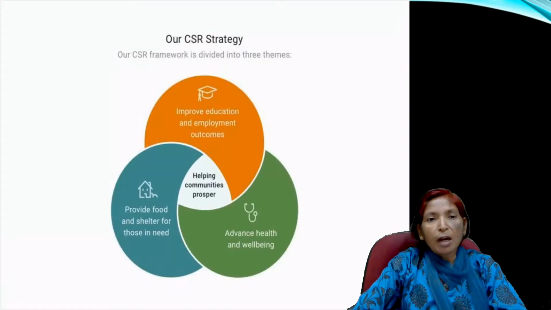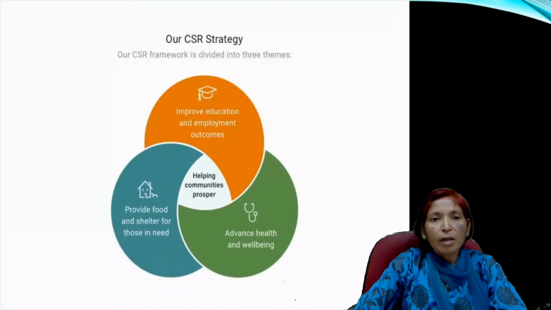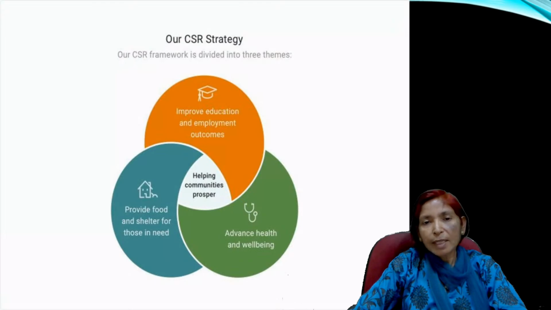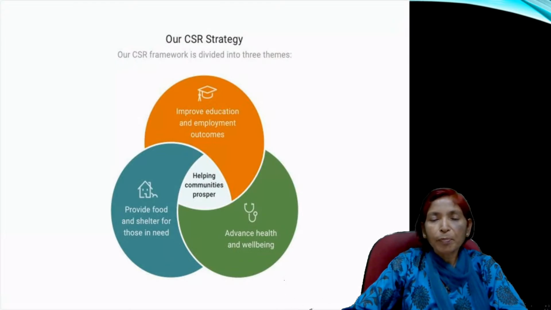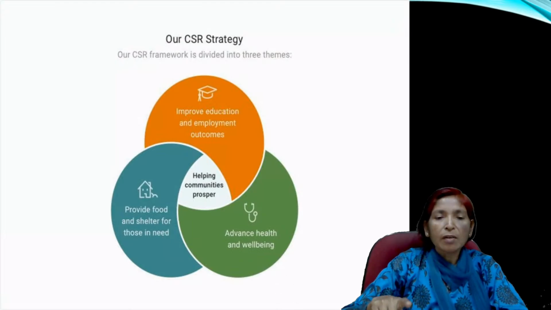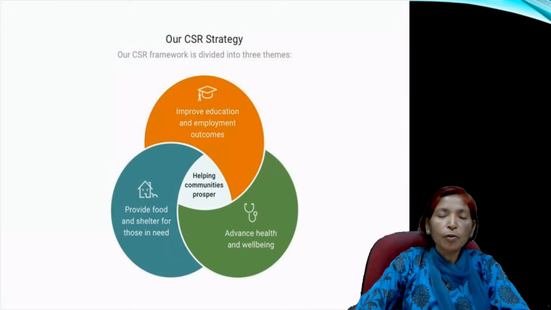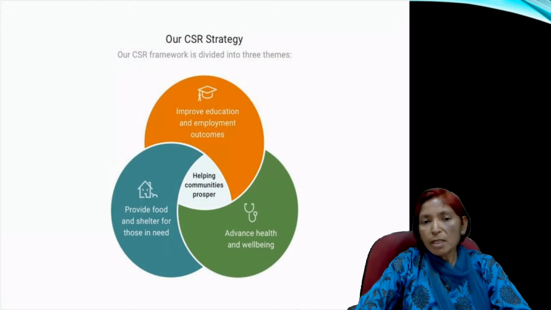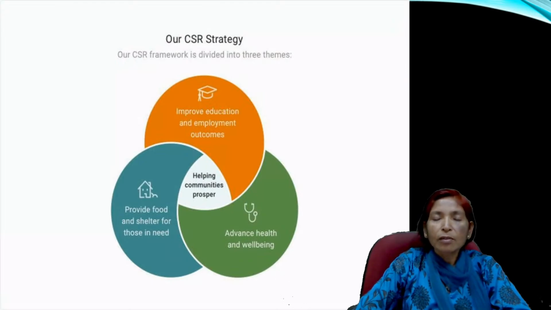Next is our CSR strategy. Our CSR framework is divided into three themes. One is improve education. This is the Venn diagram. We can show our CSR strategy with the help of this Venn diagram. In the first circle, improving education and employment outcomes are taken. And in the next, provide food and shelter for those who are in need.